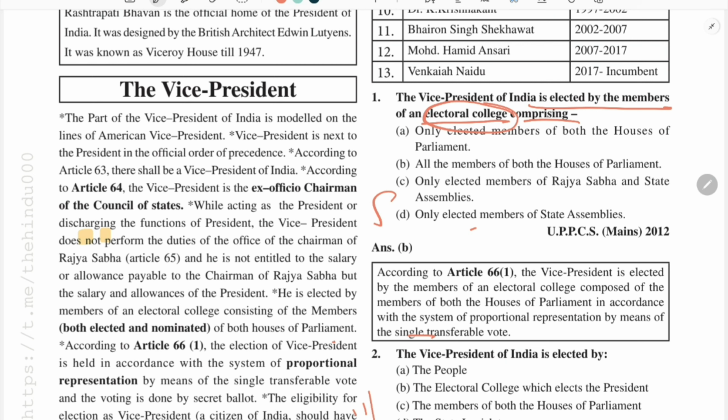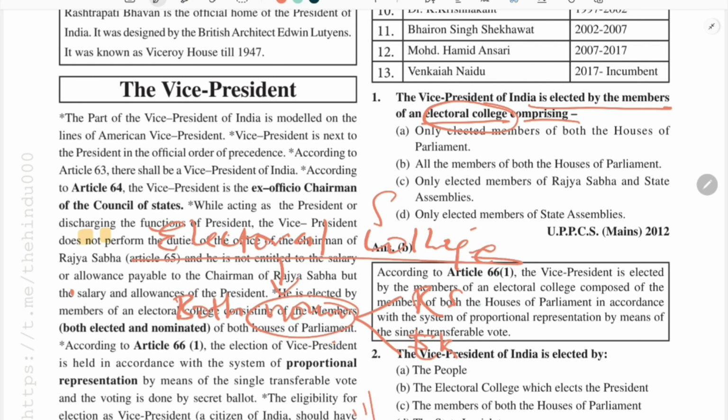So we have to remember that a vice president is elected through an electoral college, and this electoral college consists of both houses of parliament, members of both houses of parliament, that is Rajya Sabha and Lok Sabha.